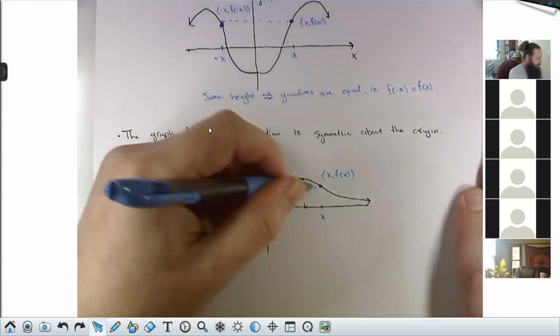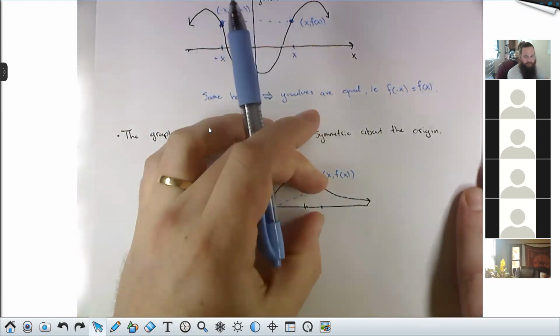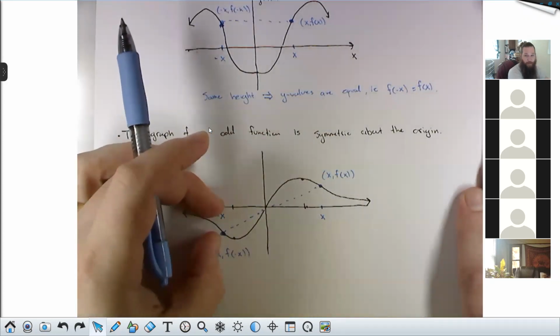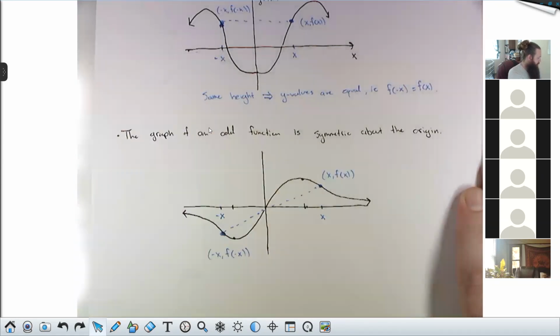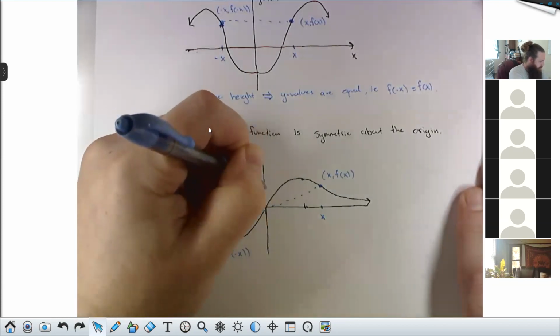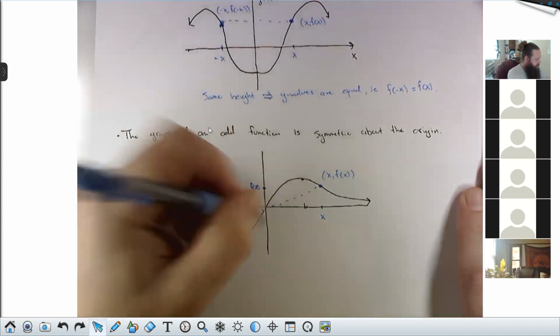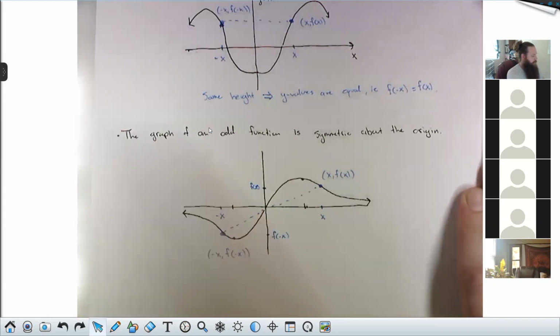And the y value here, f of x, is the same size as the y value over here, but it's in the opposite direction. This y value, f of x, is the same size as this y value, f of negative x, all right?